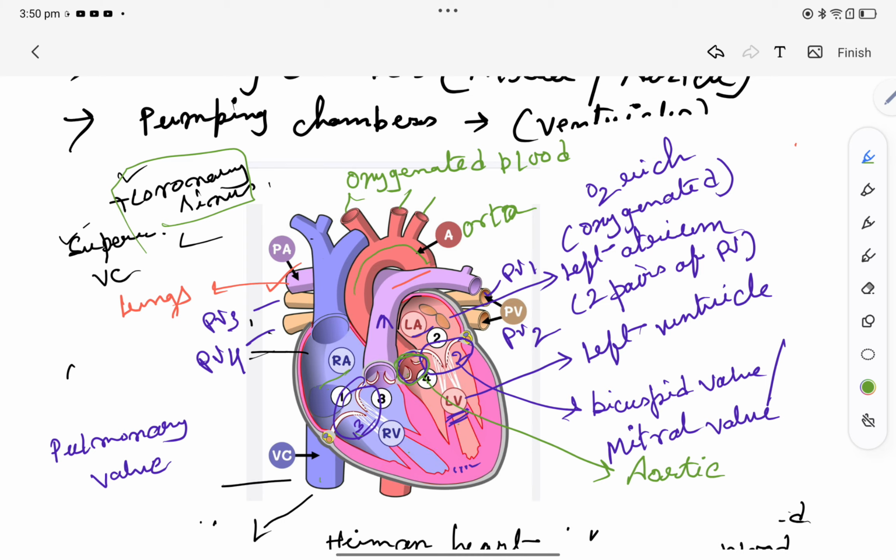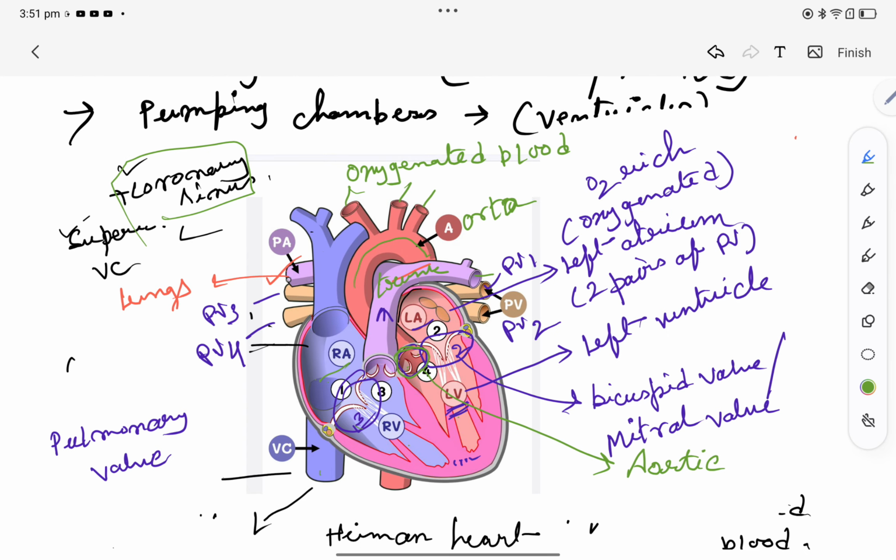This portion is called the pulmonary trunk, via the pulmonary valve. These moon shaped valves are called pulmonary valves. So it enters the pulmonary trunk and goes to the lungs. These two parts we can see are called the pulmonary artery. See here, PA written, pulmonary artery. So the pulmonary artery directly goes to the lungs to dump the deoxygenated blood.